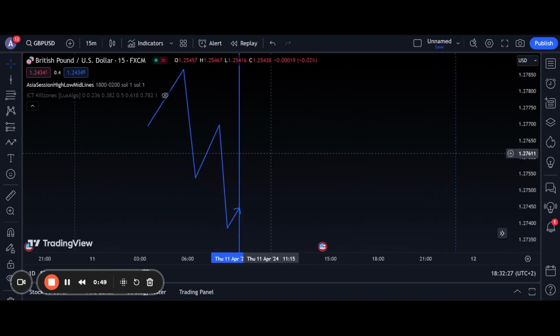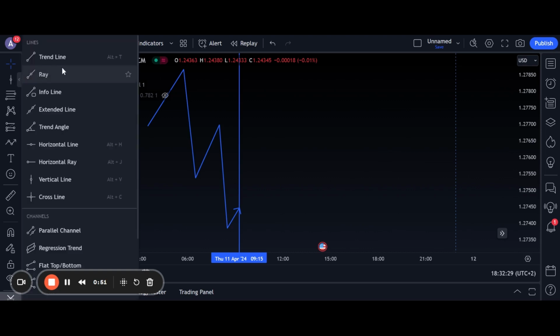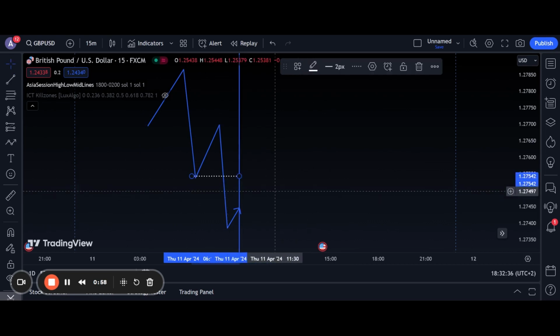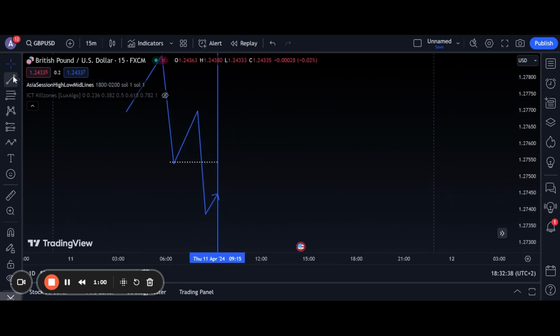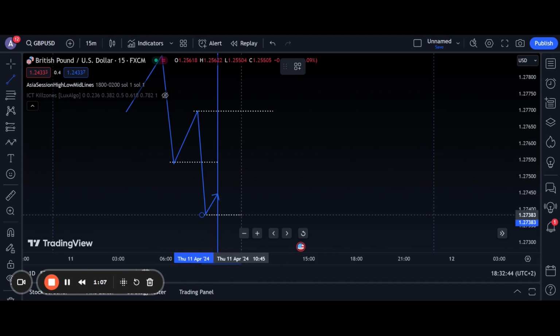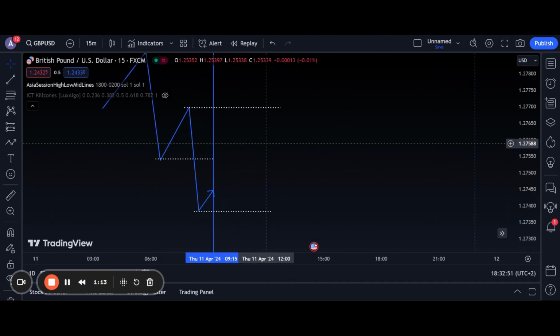As we can see, we have a bearish trending market and we have a break of a low here. So now we know if we go into a current day, our trading range will be between this high and this low.